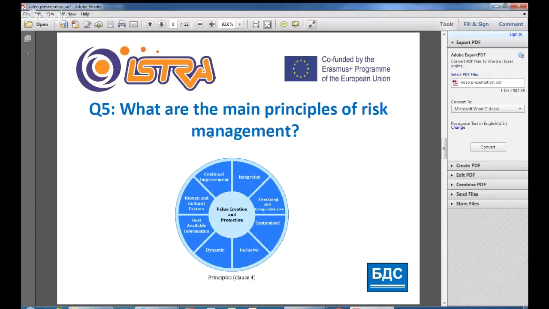Human and cultural factors. Risk management takes human and cultural factors into account. And finally, continual improvement. This means that risk management should facilitate continual improvement of the organization.